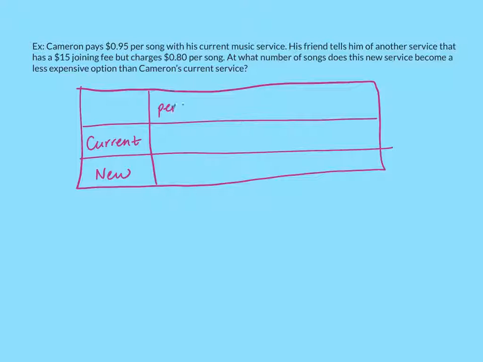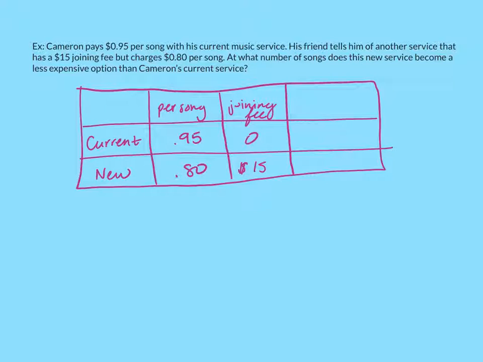Per song, the current service charges Cameron 95 cents. Per song, the new one would cost him 80 cents. A new joining fee would be $0 with the current service, but would be $15 additional with the new service.